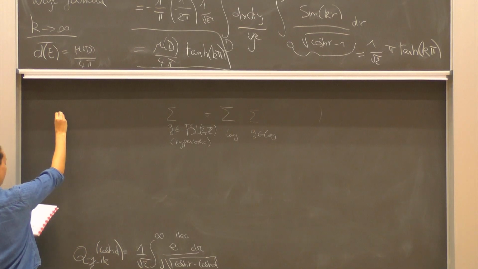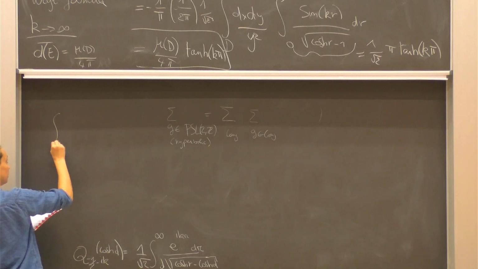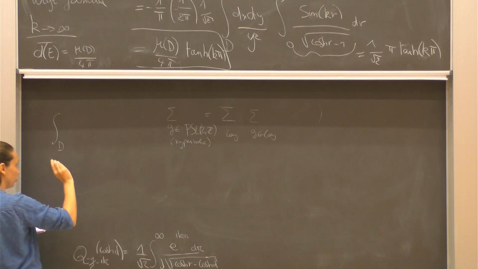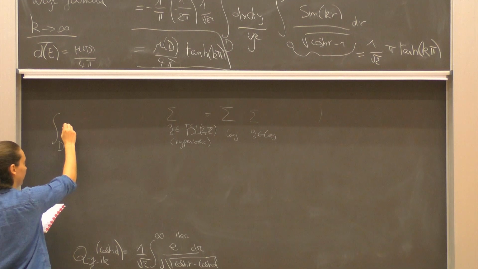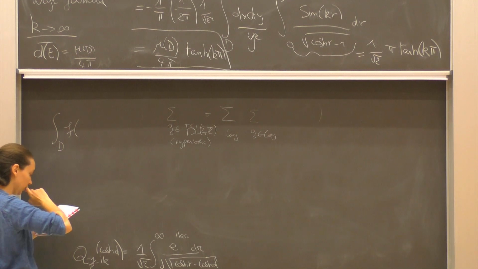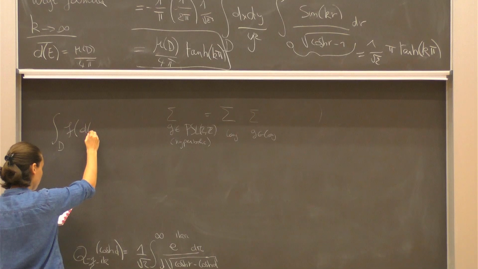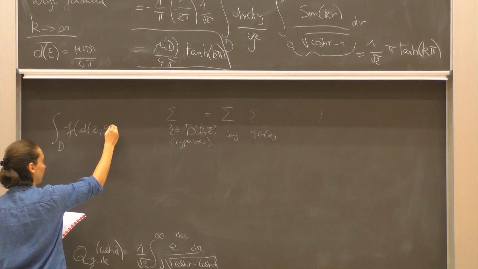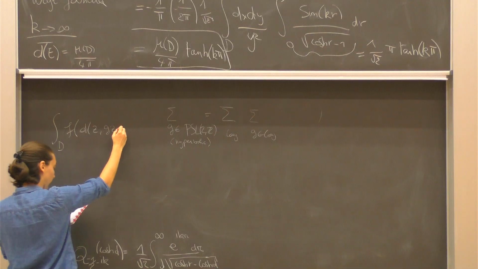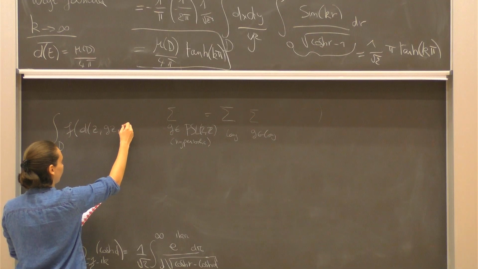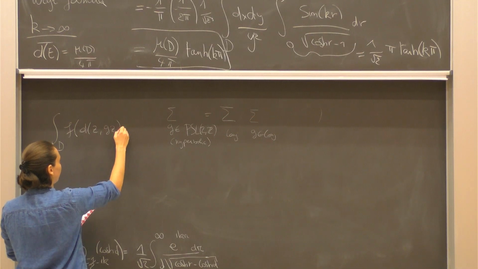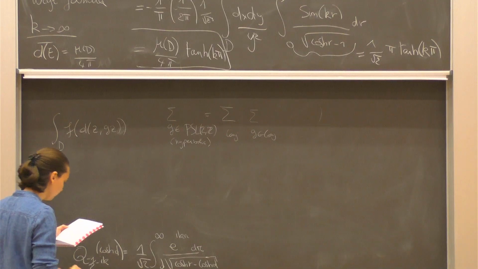Stupid. Should have let it. So ultimately, what we want to do is some integral over the fundamental domain of some function of the distance between Z and G acting on Z, right, and everything at some energy.